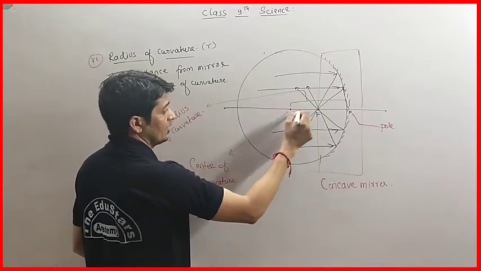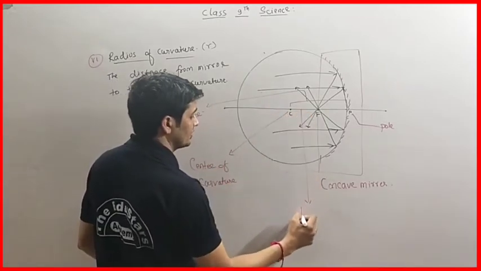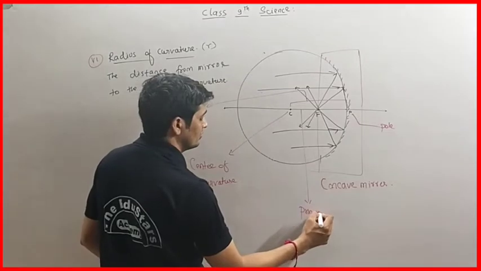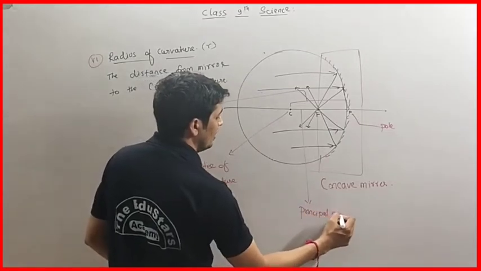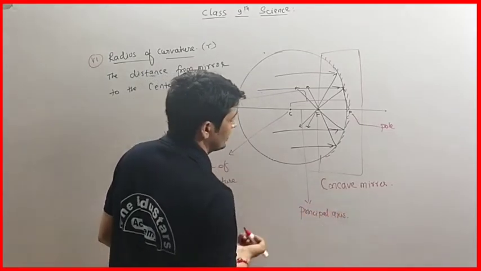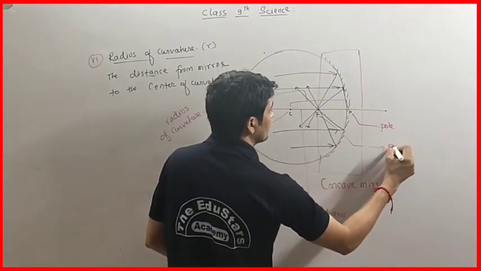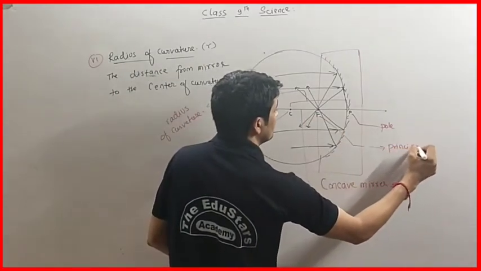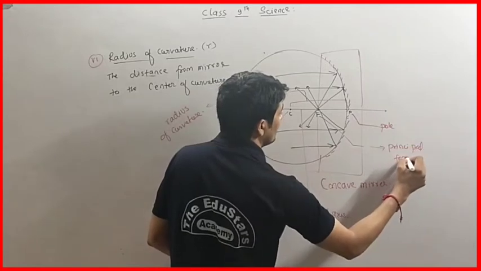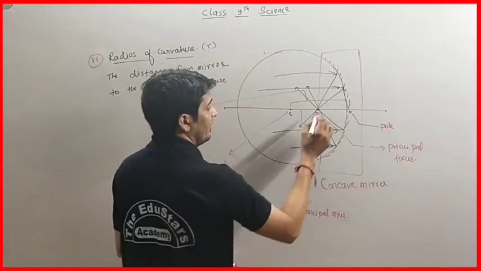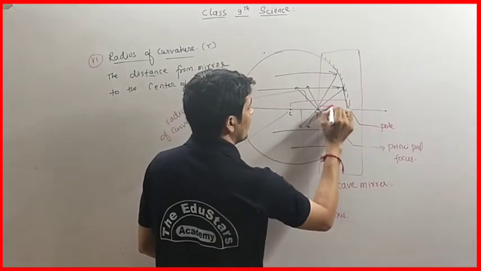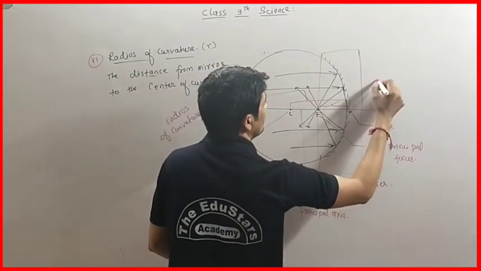This line is called the principal axis. This F is the principal focus. And the distance from the principal focus to the pole is called the focal length.